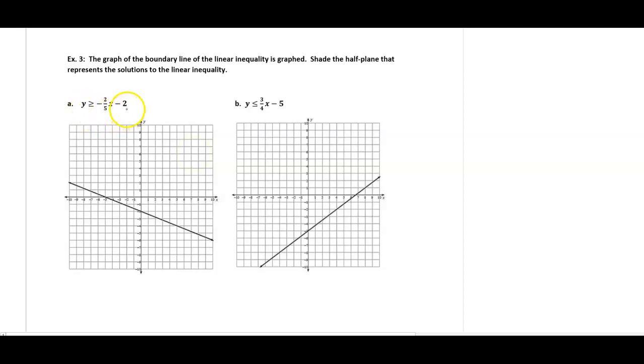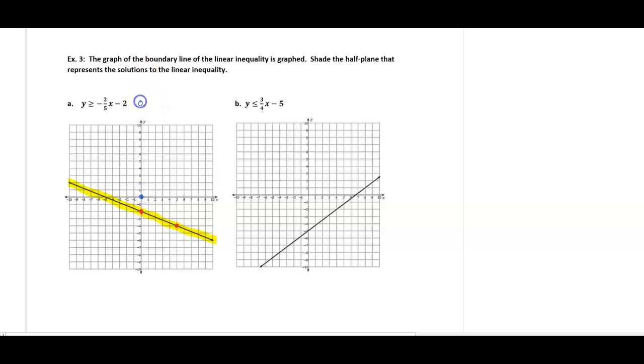Right away, they want us to graph this. They already graphed the boundary line for us. So this here is your boundary line. And you can determine that just by saying my y-intercept is (0, -2), down 2, right 5, right? Draw your line. So that's our boundary line. Now, we're going to use (0, 0) as a test point.